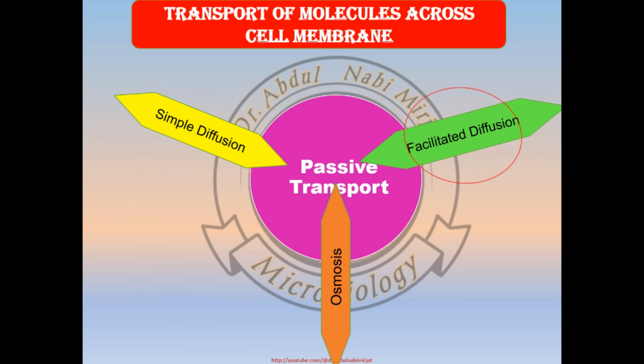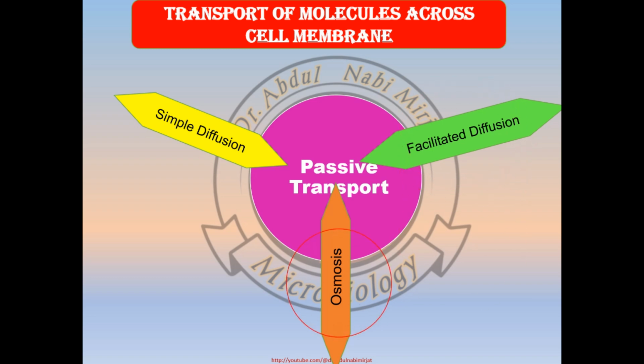Facilitated diffusion is similar to simple diffusion but involves membrane carriers, which are membrane proteins, also called transporters, which first bind to a molecule and transport it across the membrane.